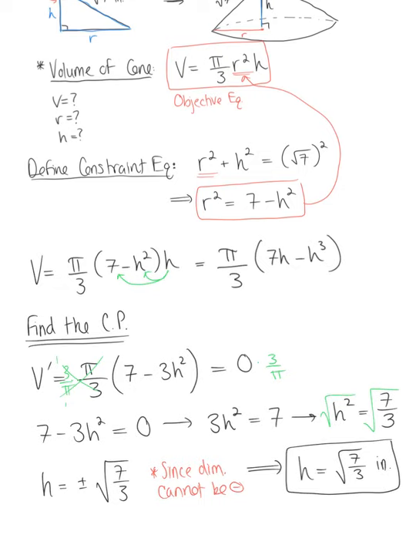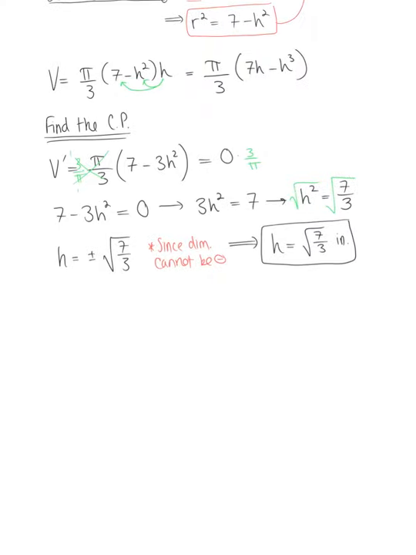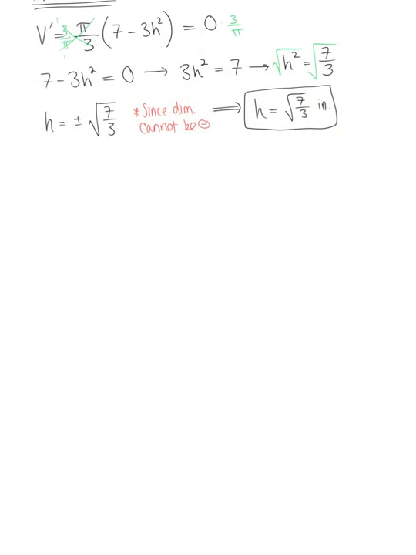So we have that maximum height, and we can now use this to find the largest radius. Again, from the Pythagorean theorem, r squared is equal to 7 minus h squared. So we can plug in our height.